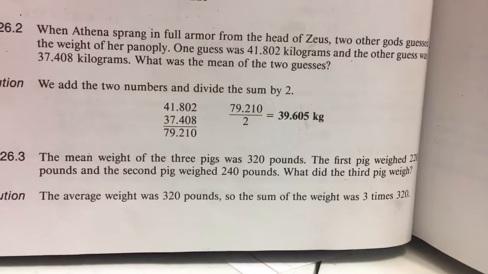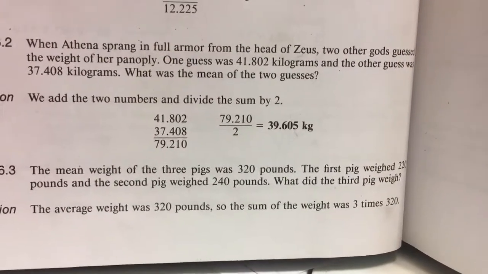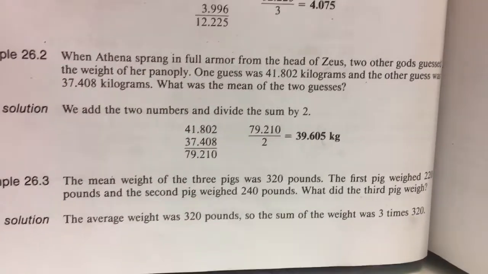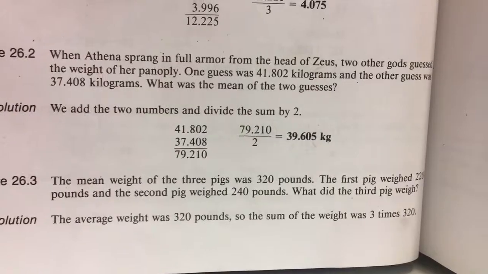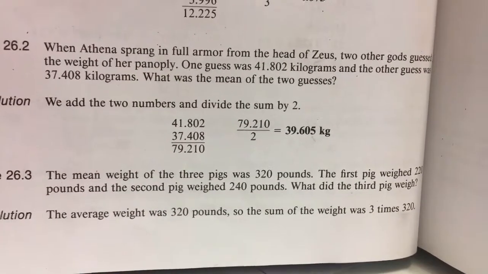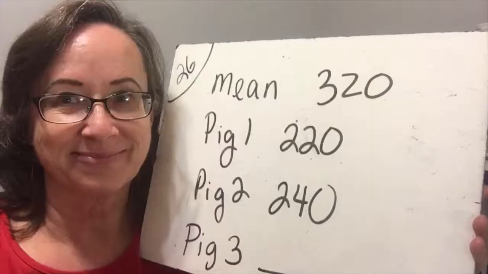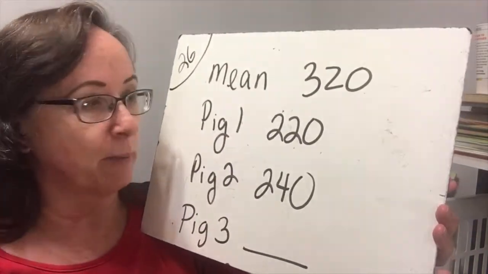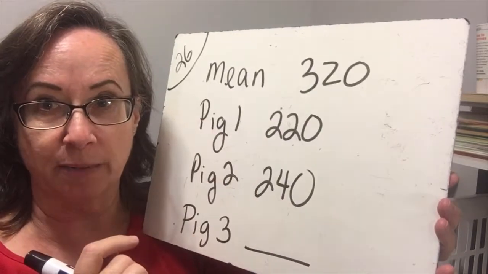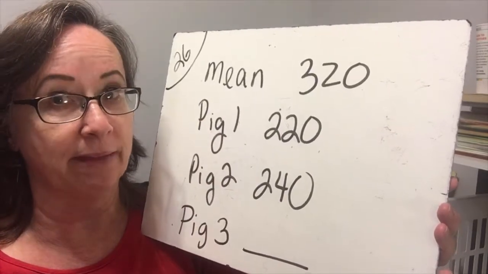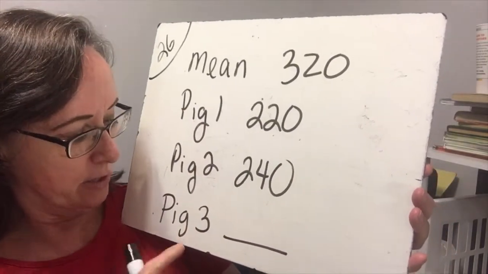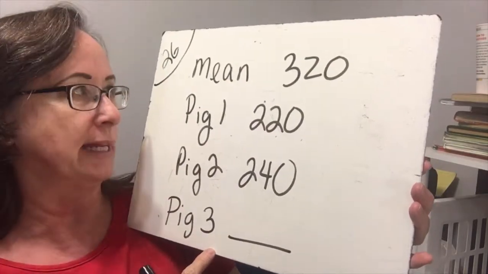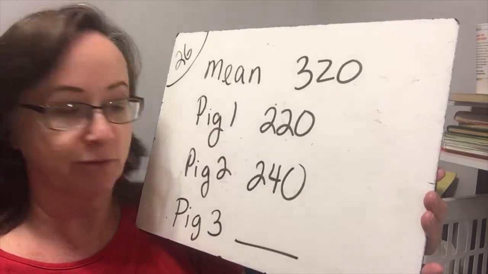The mean weight of the 3 pigs was 320 pounds. The first pig weighed 220 pounds, and the second pig weighed 240 pounds. What did the third pig weigh? This is quite a fun one. Now we know that the mean is what we get when we add all of the numbers together and divide by the number of numbers that we have. So we are going to call pig 3's weight W for weight.